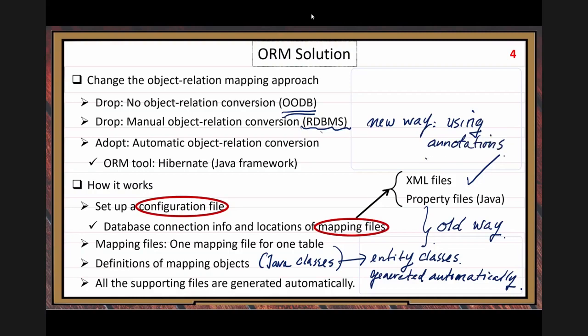Using annotations, all those generated files are hidden. You cannot see them. You only have the annotation code. Other than the annotation code, all other related files are hidden. You cannot see the physical files.